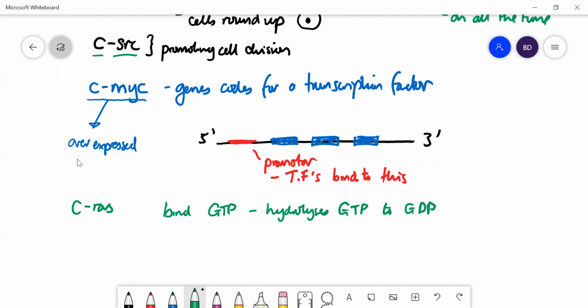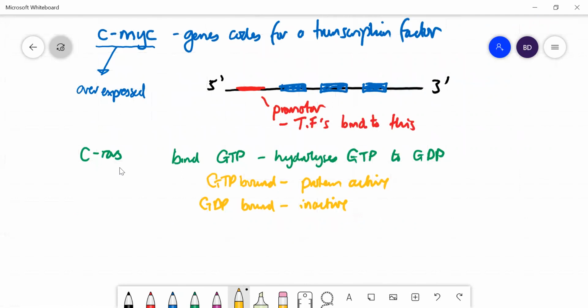Now, when GTP is bound, the ras protein is active. When it hydrolyzes it to GDP, it's inactive. Ras is involved in promoting cell division. So when GTP is bound, it's going to promote the cell to divide.